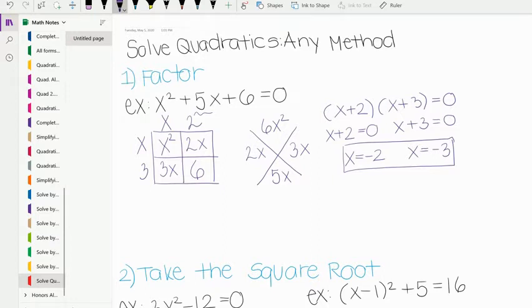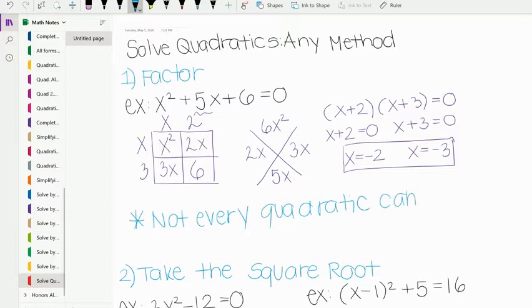So this is a review of factoring. I am going to put a little note here that it's important to know that not every quadratic can factor. So remember, this might be a lot of your first choice, but if it doesn't factor, then you need to try something else. So we're going to talk about the other methods.